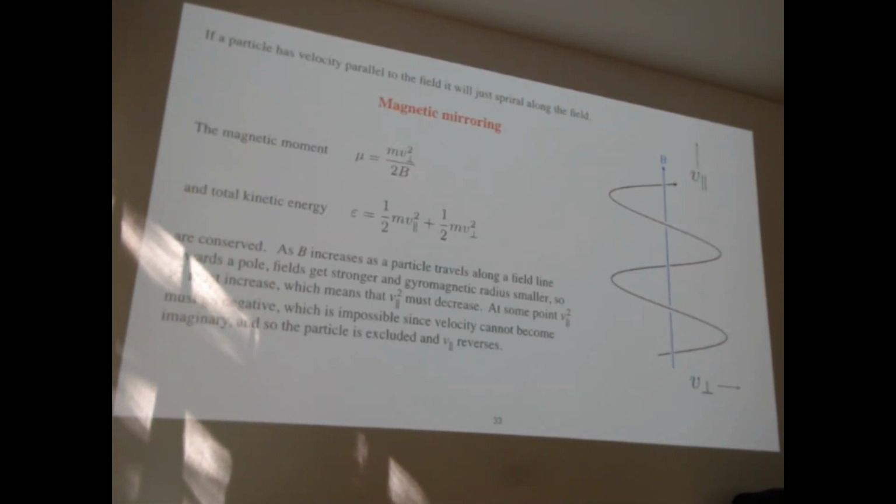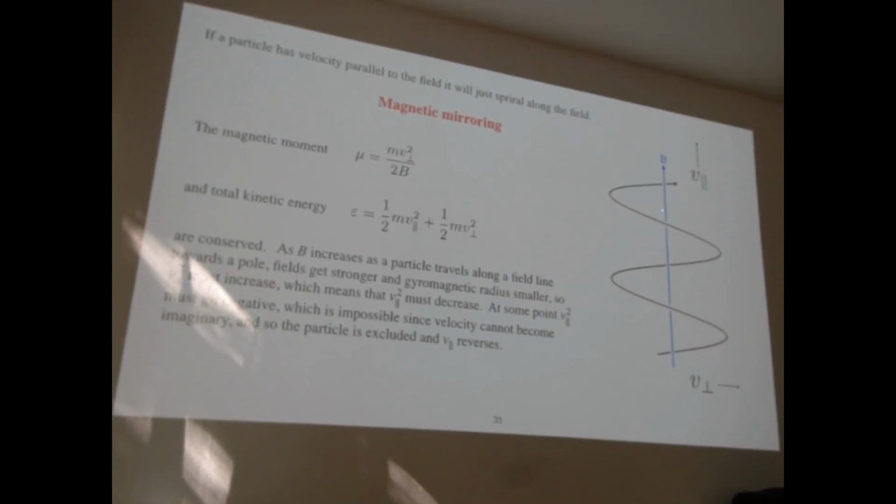Okay. So magnetic mirroring, have you done that? Yep. Okay. This is sort of amazing math, right? So the magnetic moment and the kinetic energy have to be conserved, and as you go along the magnetic field into the poles where the field is stronger, the spinning around the magnetic field goes up.